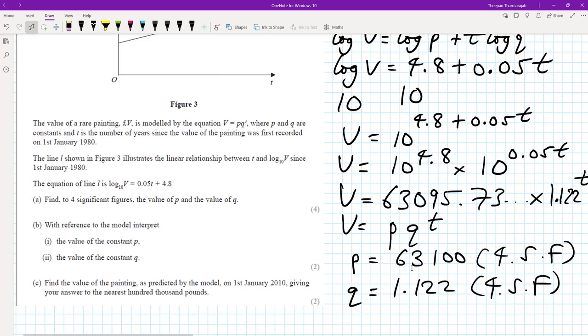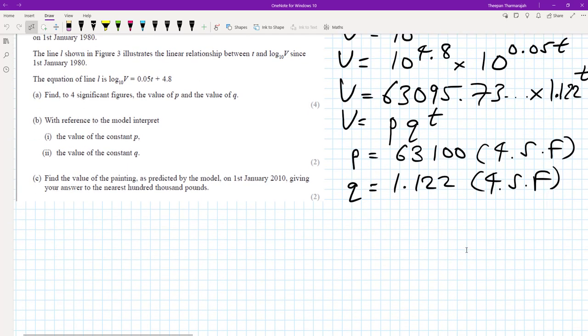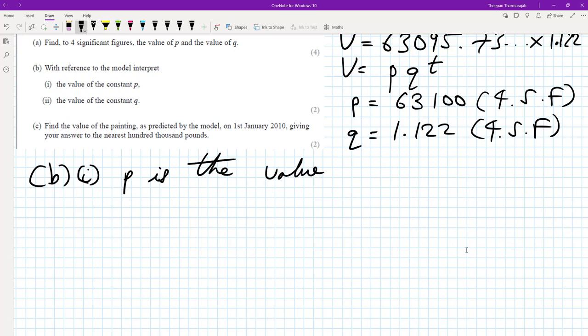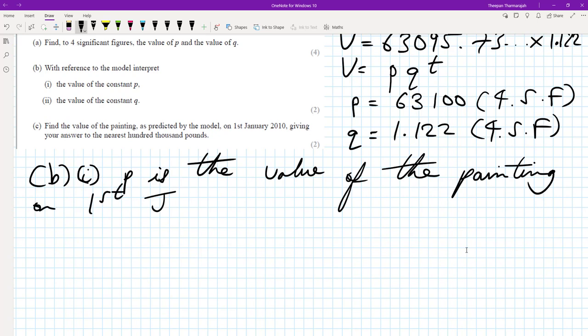And then it says, with reference to the model, interpret the values of p and q and find the value of the painting as predicted by the model on the 1st of January 2010, giving your answer to the nearest £100,000. So what we can do now is say that p is the value of the painting on the 1st of January 1980.